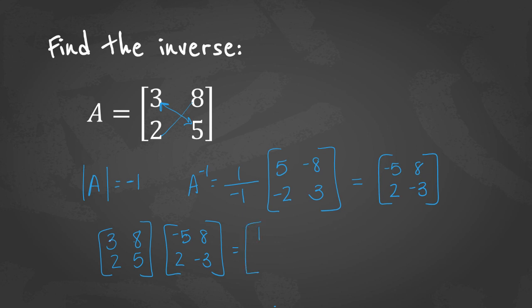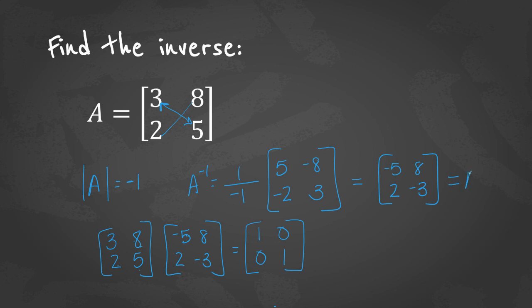And then the first row by the second column, I get 24 minus 24 is 0. Second row by the first column is negative 10 plus 10 is 0. And then second row, second column is 16 minus 15 is 1. So I do, in fact, get the identity matrix. So I know that I have found my inverse.